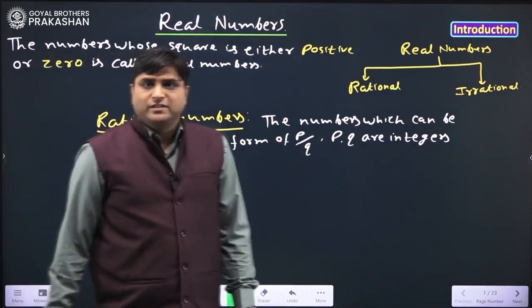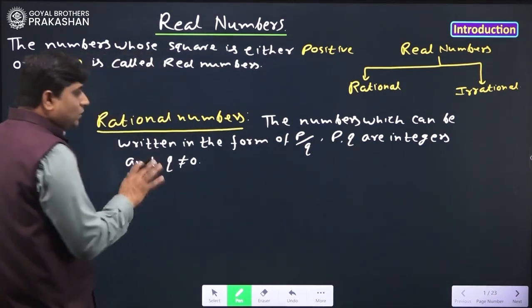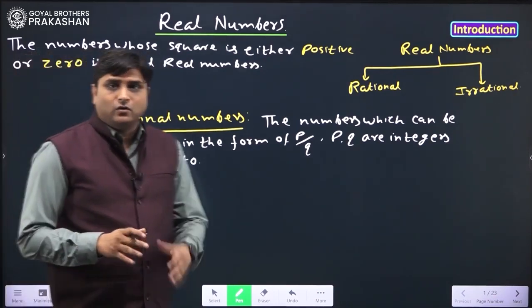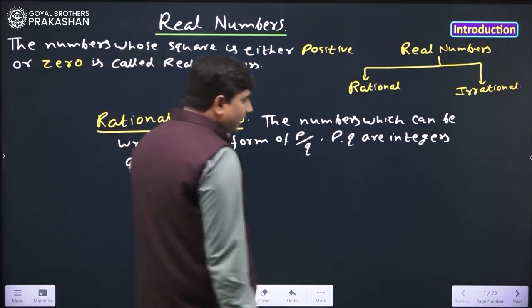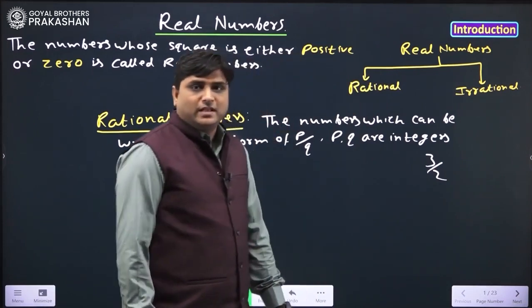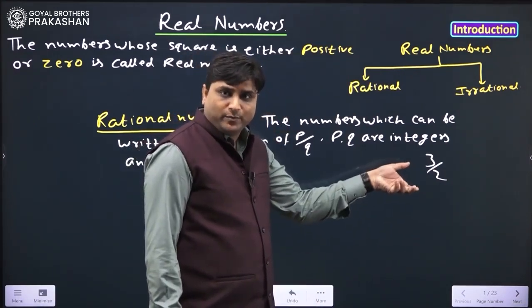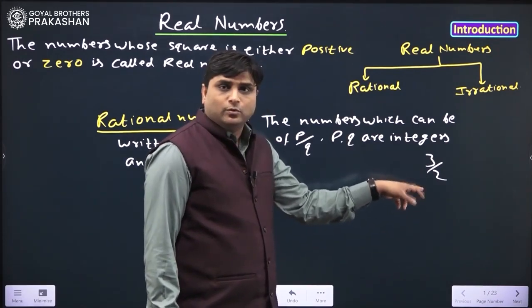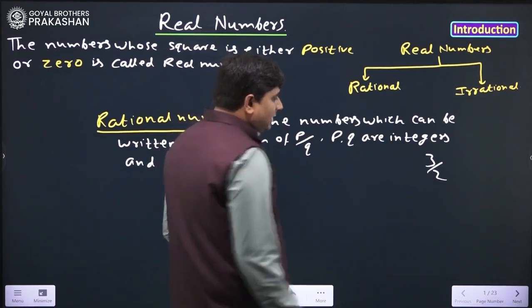So any number which can be written in the form of P by Q, where P, Q are integers and Q is not equal to 0, is called a rational number. So if I write 3 by 2, is it rational? Yes. It is in the form of P by Q, and P and Q both are integers and Q is not equal to 0, means it is rational.